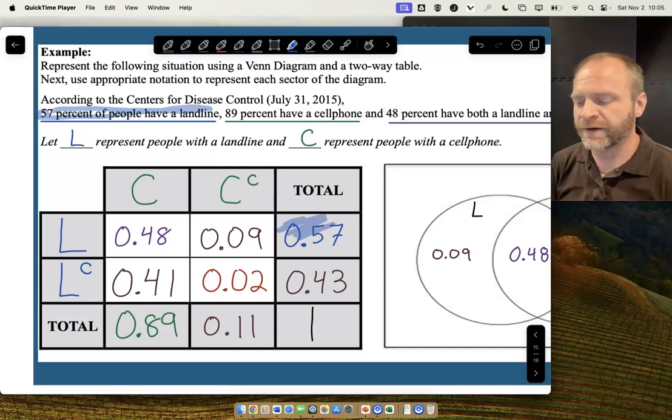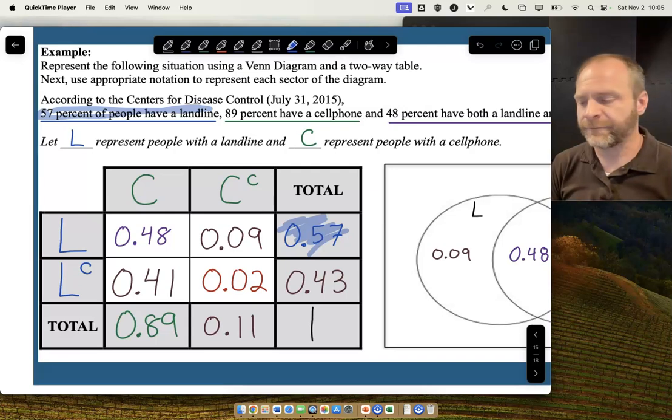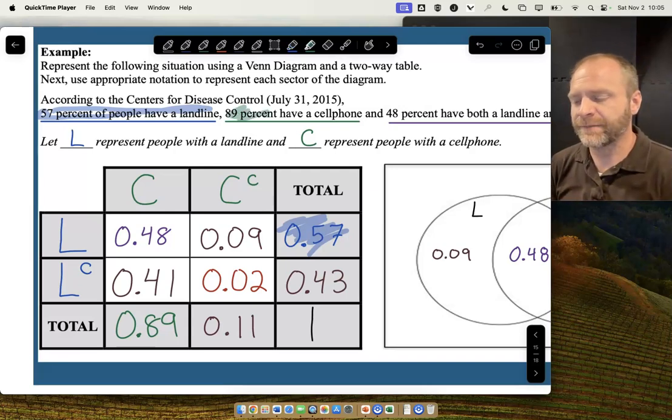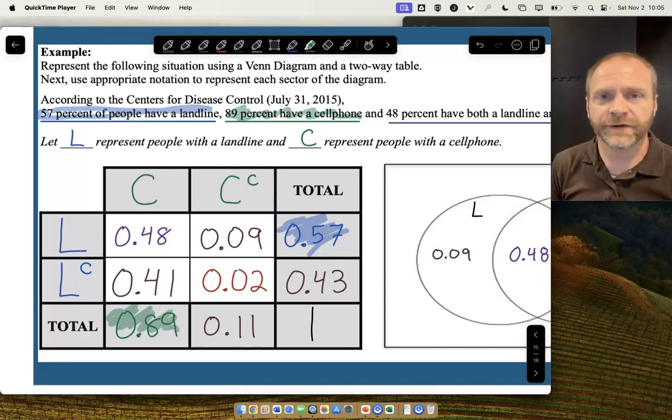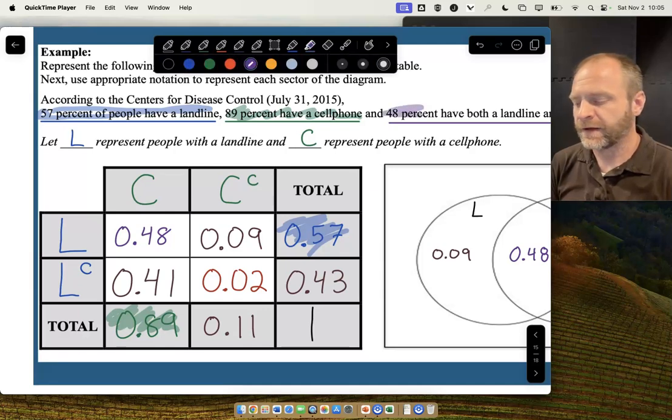So notice where that went. That is the total amount of people who have a landline. I was told that 89% had a cell phone. That's a total for those that have a cell phone. And then I was told, you know what? 48% have both. So that would be the intersection.